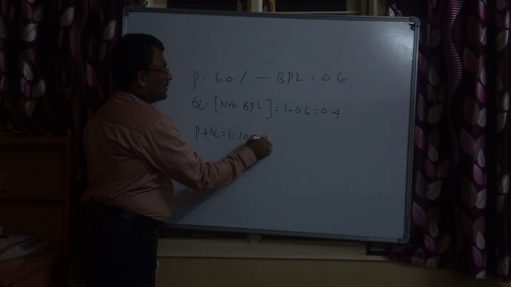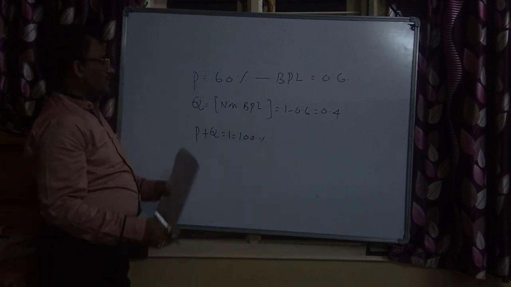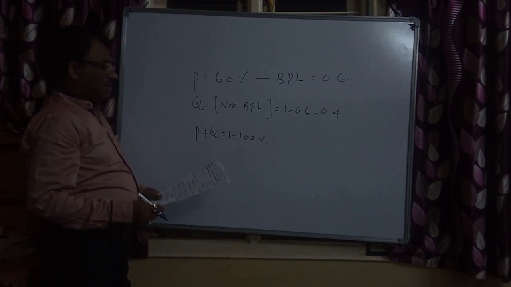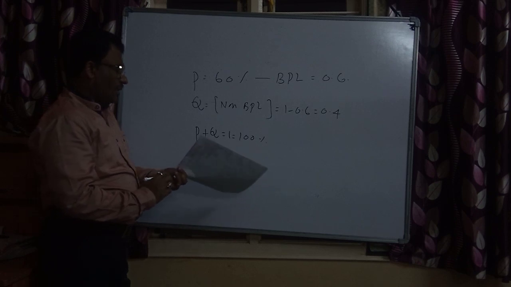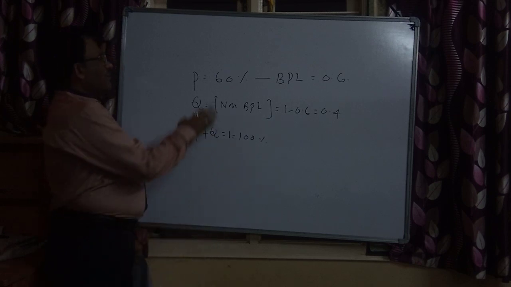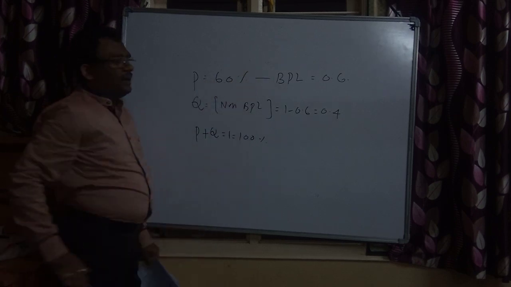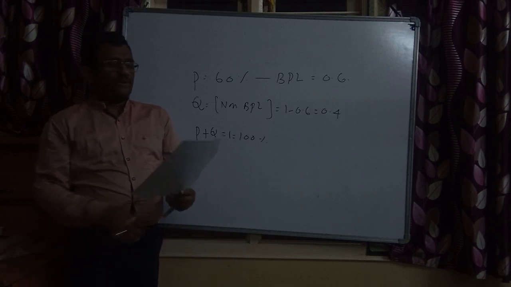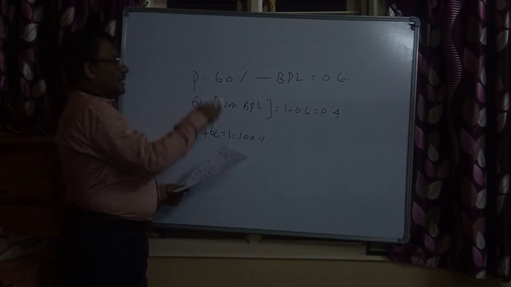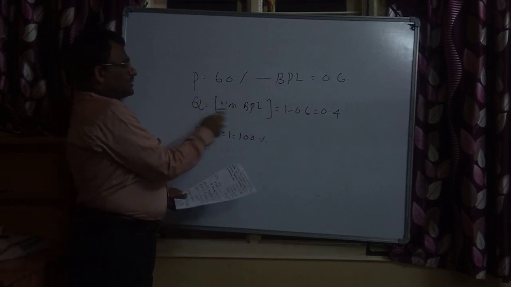This is the conceptual understanding of the probability of occurring and non-occurring of events. Now, in the present case, P, the probability with regard to the BPL card holder, is 60%, that is 60 by 100, that is 0.6, and Q is 0.4.